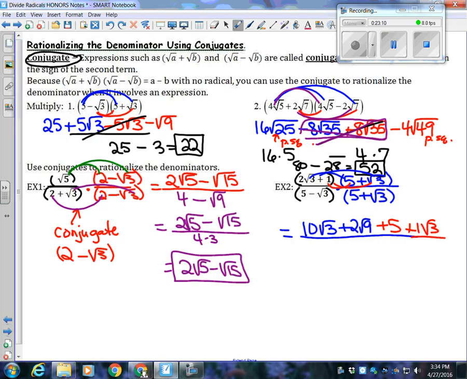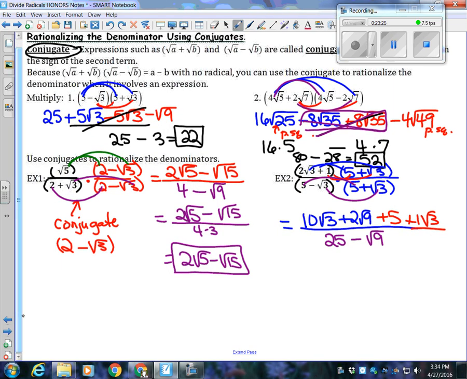On the bottom, I think we've seen by doing enough of these that we end up with the first times the first, because those are conjugates, they're special. They're going to have the middle term cancel. Square root of 3 times negative square root of 3 is minus square root 9. I will have a denominator this time. That becomes a 3, and 25 minus 3 just gives me 22 in the denominator.